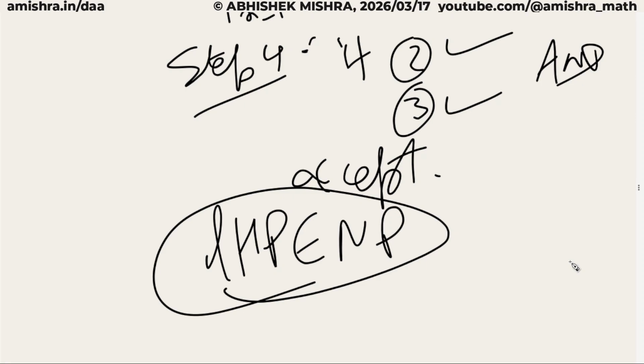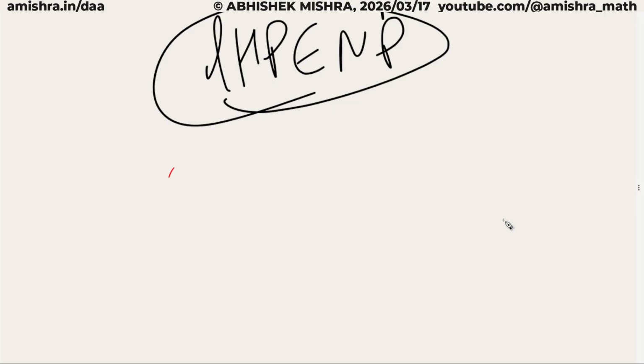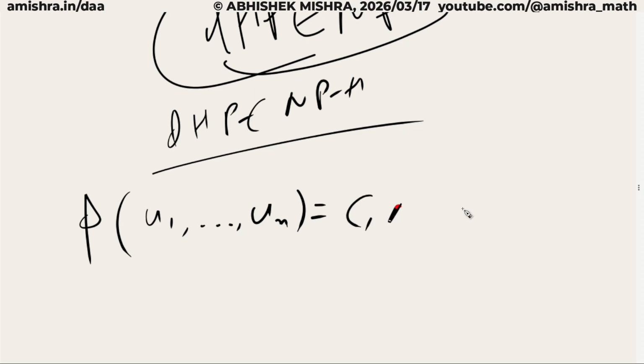Now we'll prove NP hardness of directed Hamiltonian path. DHP belongs to NP-hard. So suppose the input formula, let it be phi, having n variables u1 up to un, and having m clauses c1 up to cm.